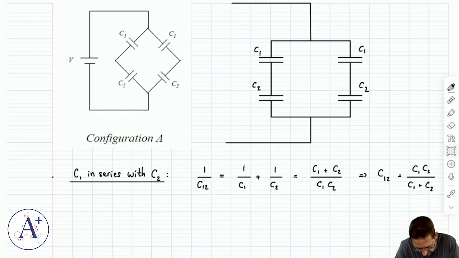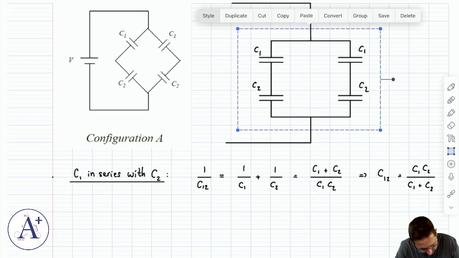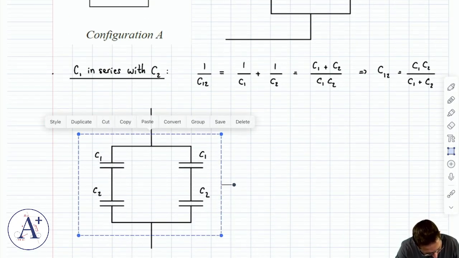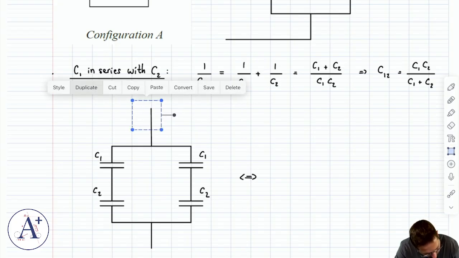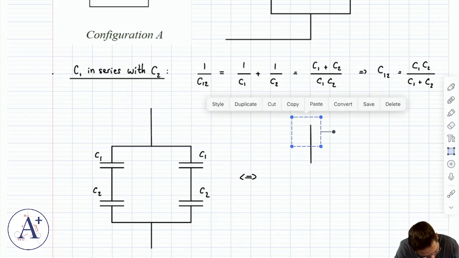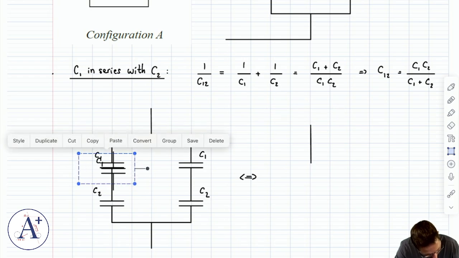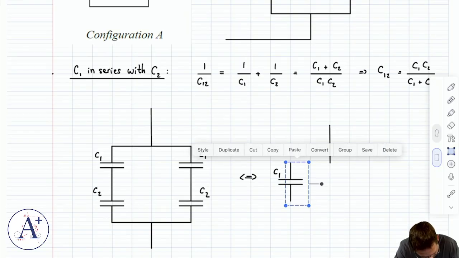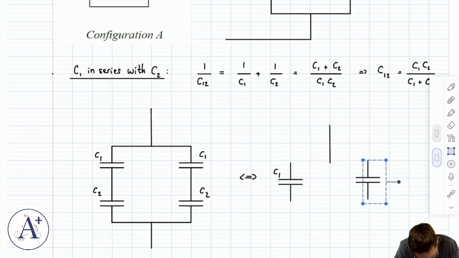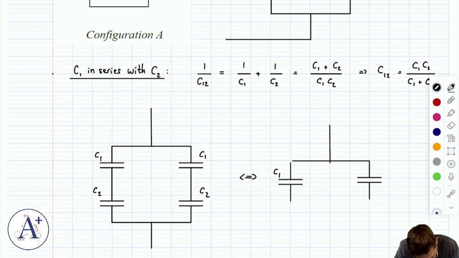Okay. So now we're claiming that this thing here is equivalent to the following. It's equivalent to the two branches on the left and on the right being reduced to their equivalent capacitor.